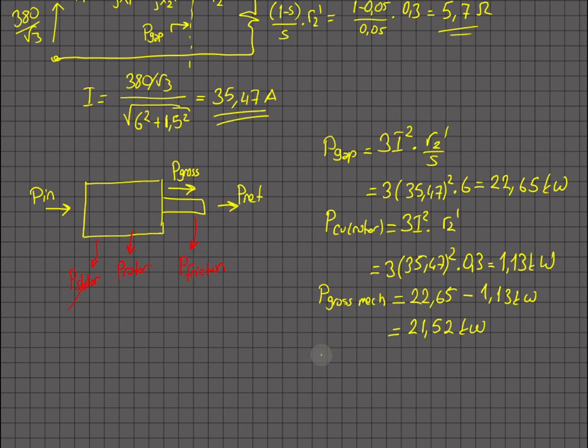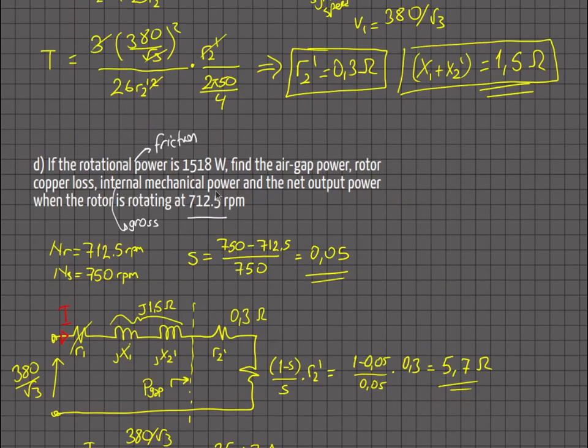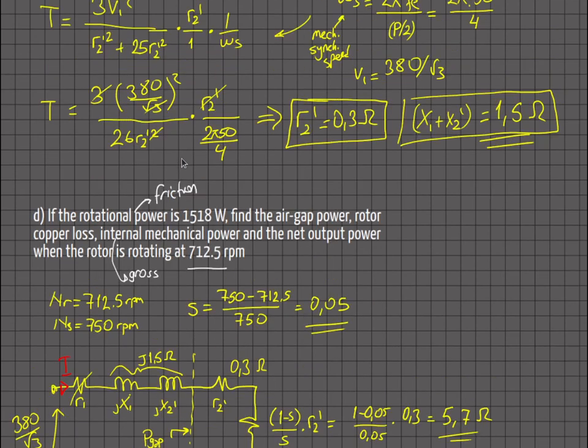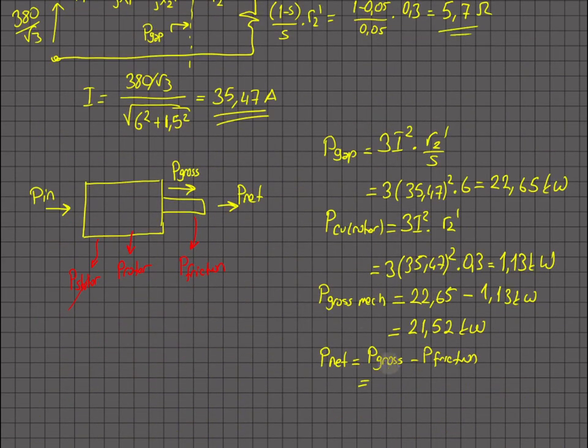P net is equal to P gross minus P friction, and friction is given in the question as 1.52 kilowatts. So you can subtract 21.52 minus 1.52, that is equal to 20 kilowatts. So that is the useful shaft power.